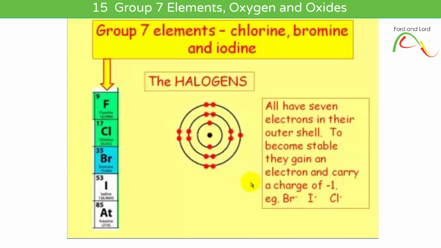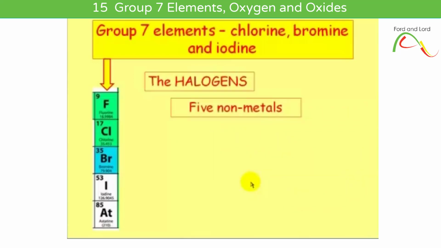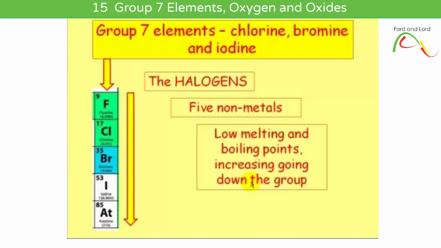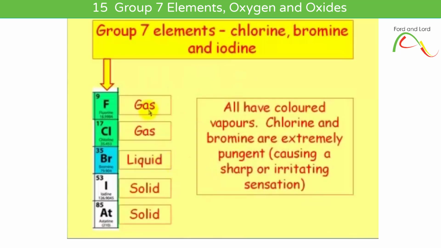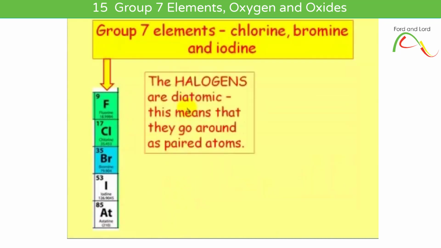Now all are non-metals. So here we've got 5 non-metals, with low melting and boiling points, and that increases going down the group. So let's look at the states of these. Fluorine is a gas, chlorine is a gas, bromine is a liquid, iodine is a solid, and so is astatine. Now the halogens are diatomic. This means they always go around in pairs.